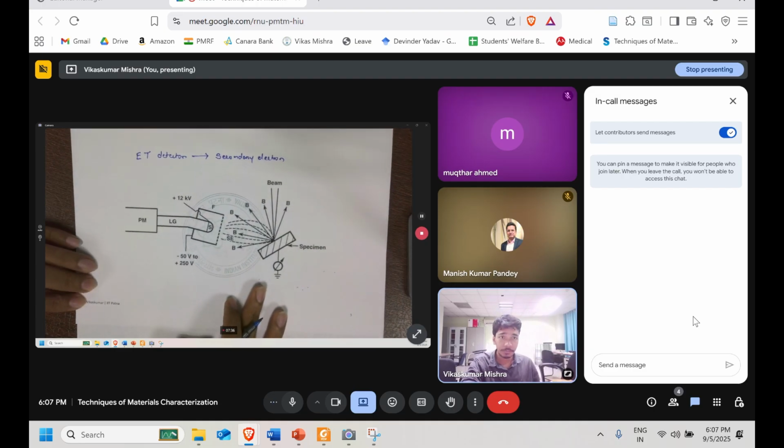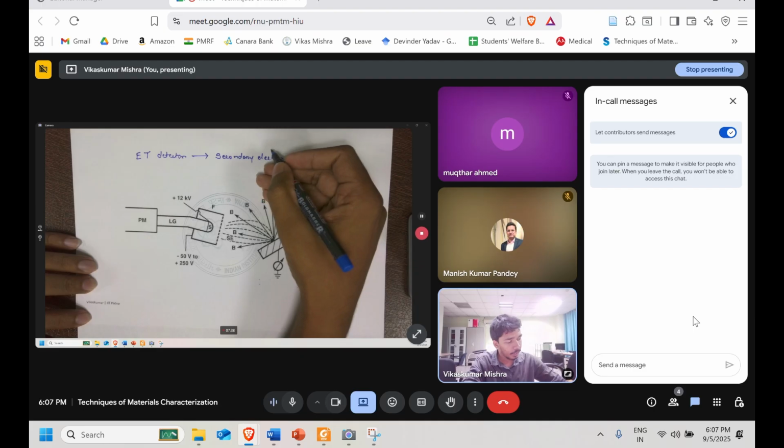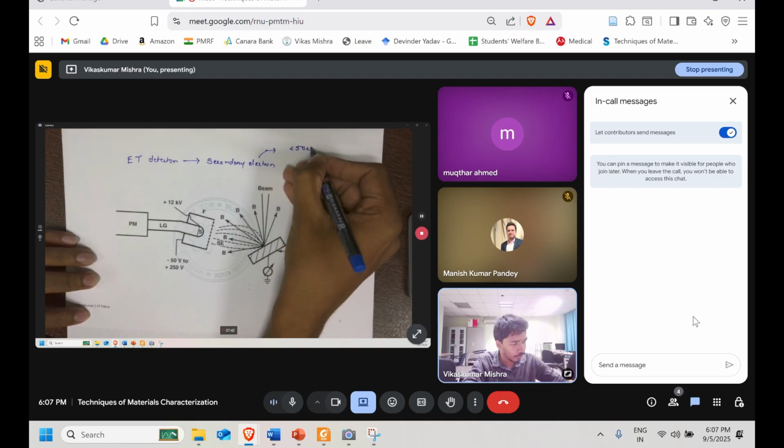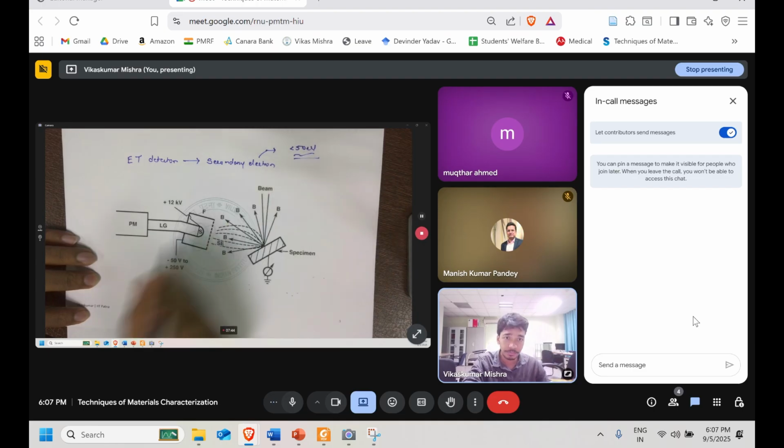So what is happening here? We are capturing the secondary electron which has energy less than 50 electron volt, which we talked about last week also.